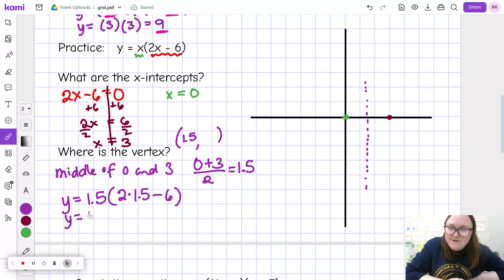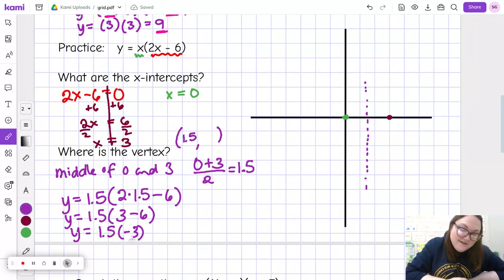So we get y equals 1.5. 2 times 1.5 is 3, so we get 3 minus 6. And y equals 1.5 times, well, 3 minus 6 is negative 3. And then finally, 1.5 times negative 3 gives us negative 4.5. And so our vertex is at 1.5, negative 4.5.